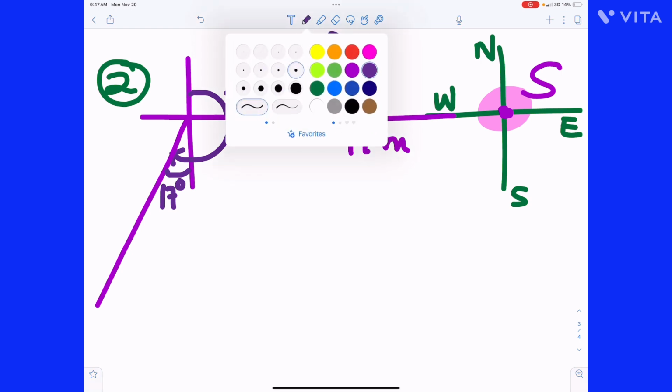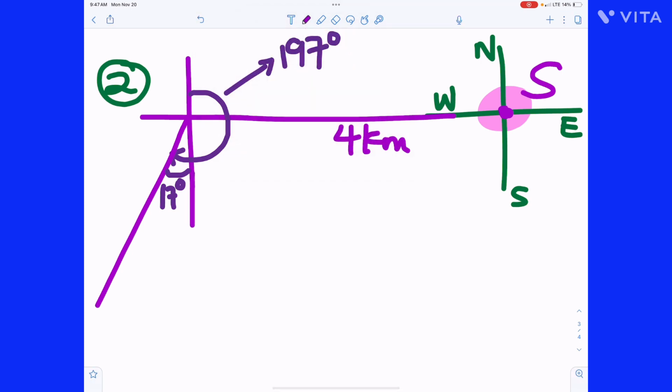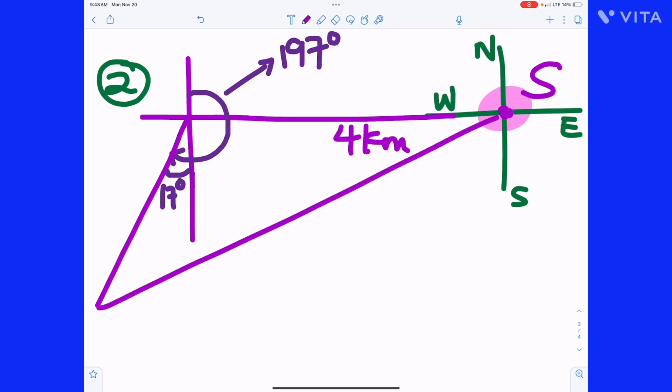So that small part will be 197 minus 180. If this whole angle is 197, and we know this one is 180, if you take 180 from 197, you get 17. So he walked on a bearing of 197 until he is exactly southwest of the starting point.